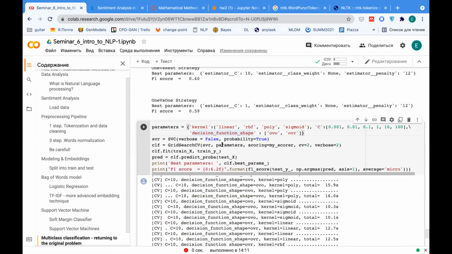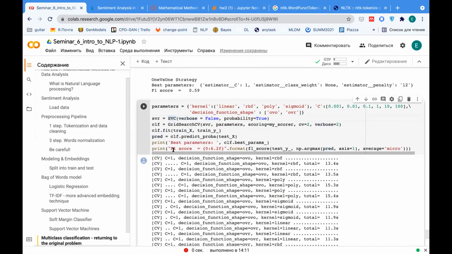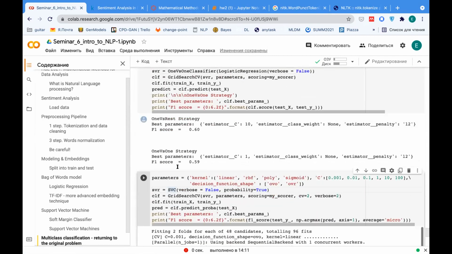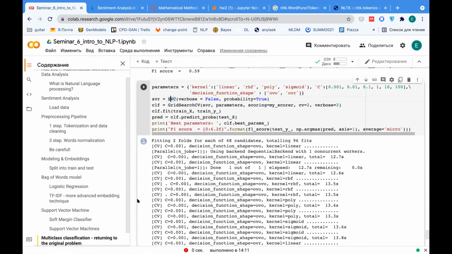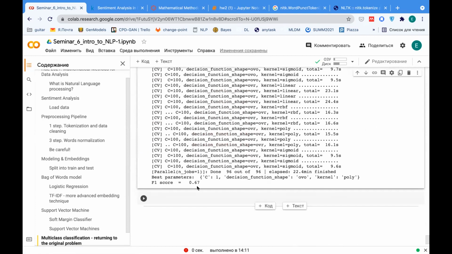And for SVM, we don't have this problem. We can just use it. After running it on our data, we can have a bit better results. Yes, we can see the score, and we can see that we used the polynomial kernel.